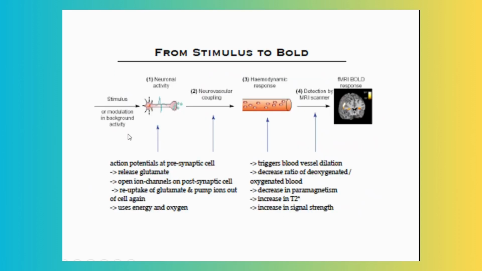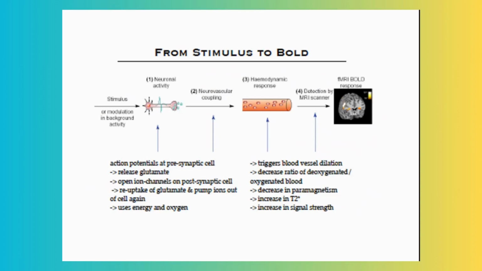Again, the same concept. There is a stimulus to the neuron. The neuron fires because of synaptic activity, and there is neurovascular coupling. Then there is a hemodynamic response, with more blood to that synapse. But this increased blood washes away the deoxyhemoglobin, which is the paramagnetic component that drops down the signal, and increases the oxyhemoglobin in that area. More oxygen is required in that area.